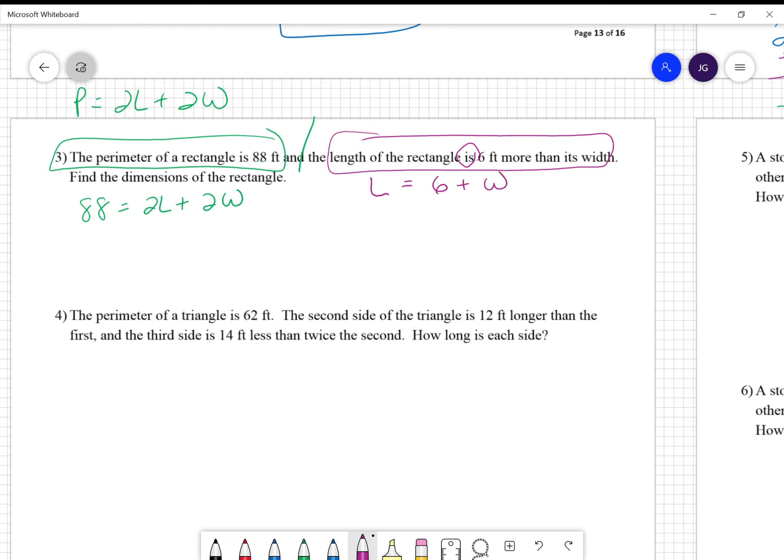In my second equation, L is all by itself. So I'm going to take 6 plus W and replace L in the first equation. My new equation is 88 equals 2, instead of L, I'm going to write 6 plus W, plus 2W.